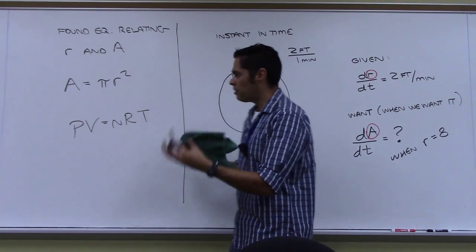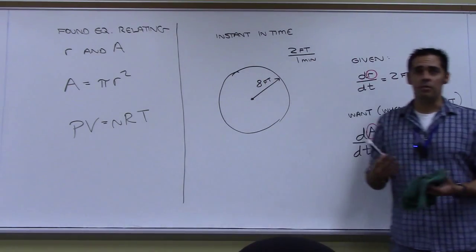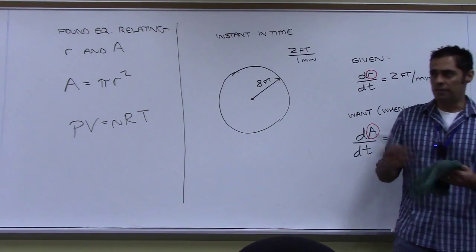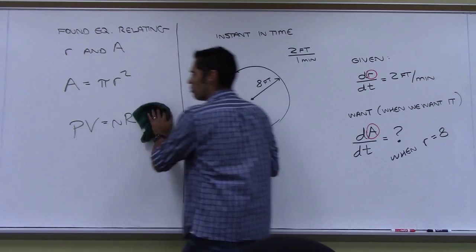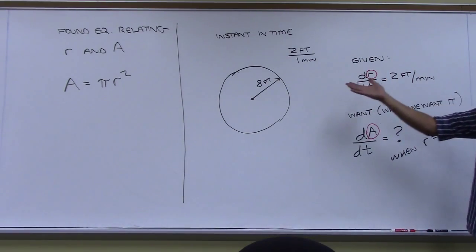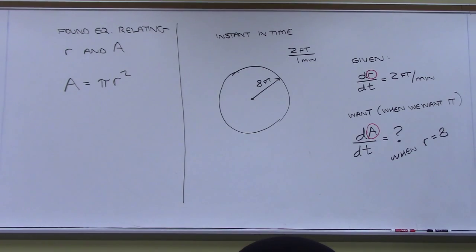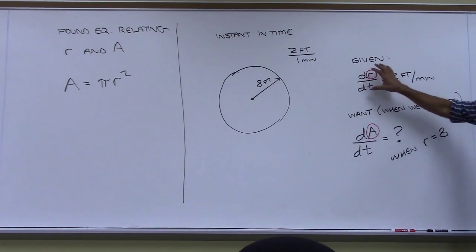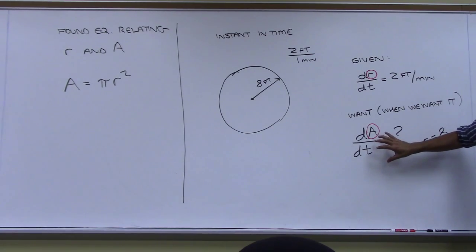You can always come up with the relationship between those variables if you can take the derivative of it. If you take the derivative, you have connections. So what I've done is create an equation, using the formula of the area of a circle, that contains the two variables I know something about and that I want to know something about.